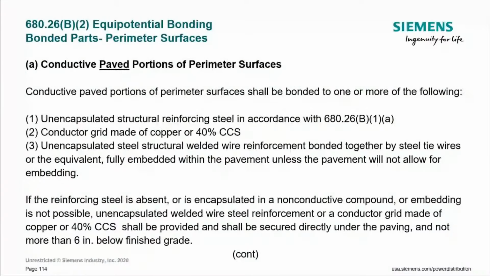All right. So remember where we're at. We're focusing, folks, on the perimeter surface. We're off of the pool shell now. Perimeter surface, we're in B2. Conductive paved portion of the perimeter surface. So this is that 3 feet out.